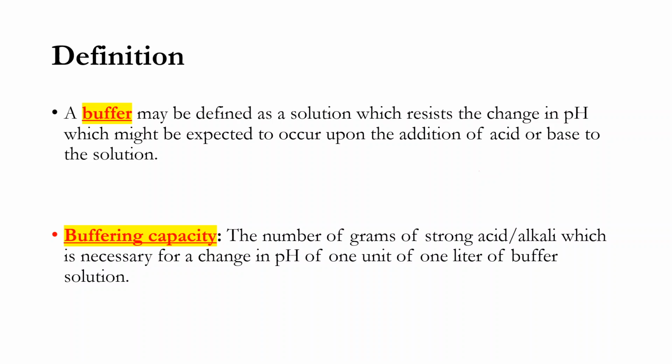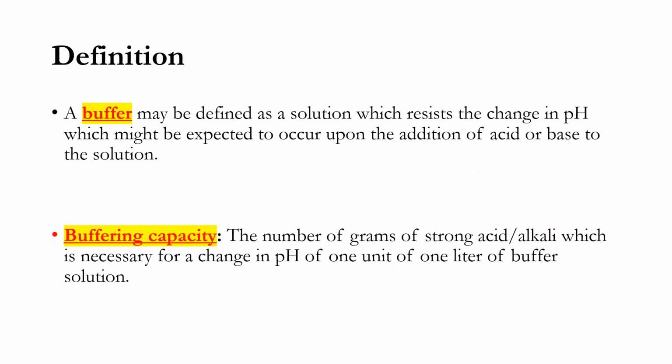If we keep adding a lot of acid or alkali to a buffer solution, there will eventually be a change in the pH, and we have to measure how much acid or base will bring about that change. That is the buffering capacity.